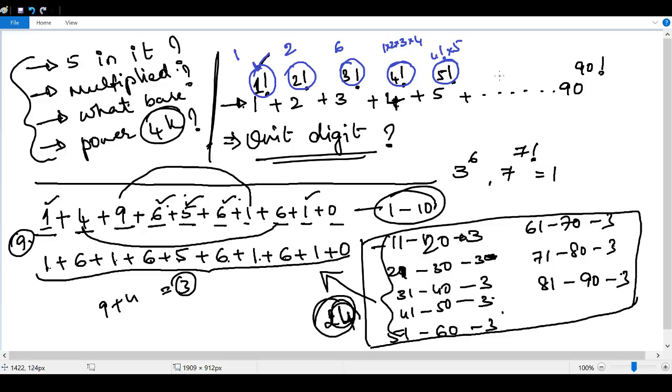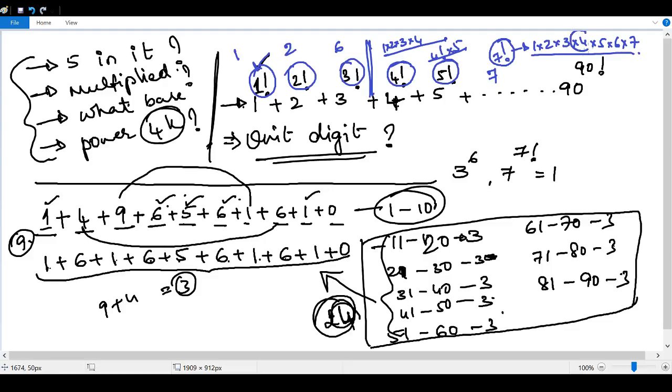So when it comes to, let's say, 7 power 7 factorial, 7 factorial is 1 into 2 into 3 into 4 into 5 into 6 into 7. Do you realize that after 3 factorial, every factorial is a multiple of 4?